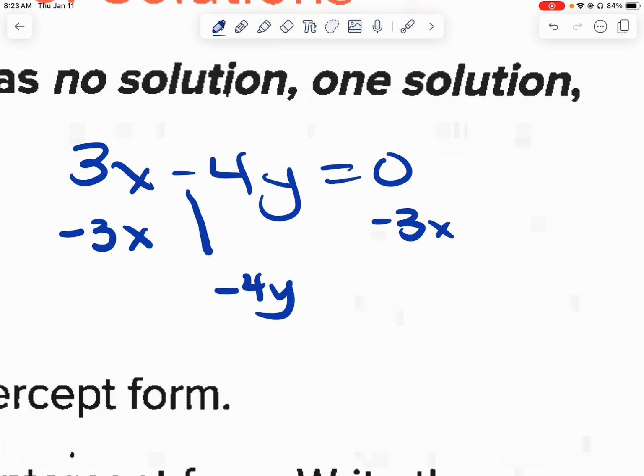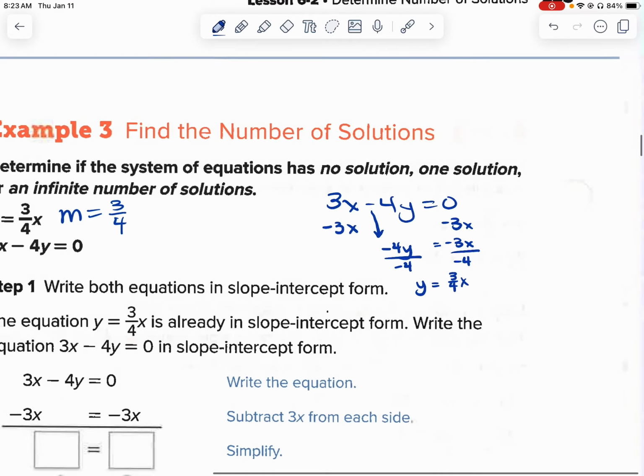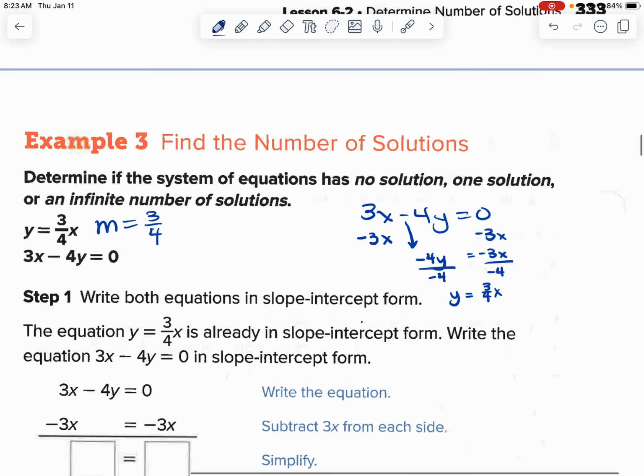Remember, you have to bring that negative down. Equals negative 3x. I divide both sides by the negative 4. Y equals negative divided by a negative is a positive. So I get 3/4 x. Look at that. Those are actually the exact same equations.